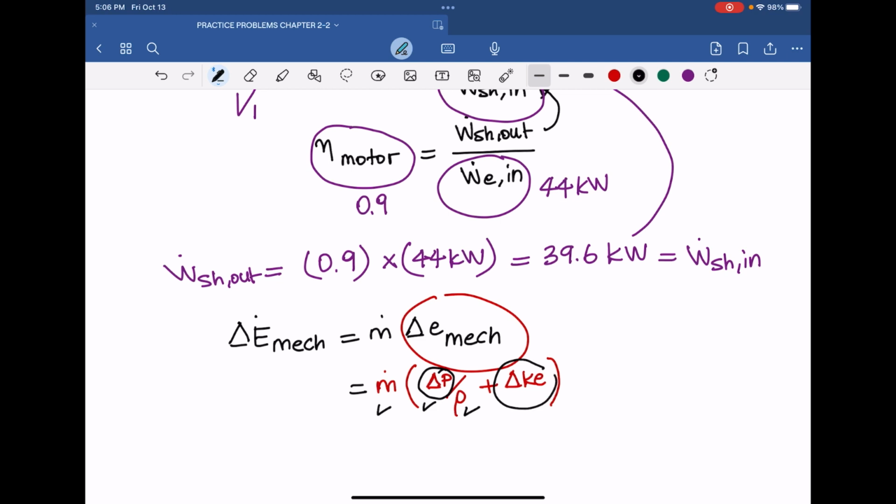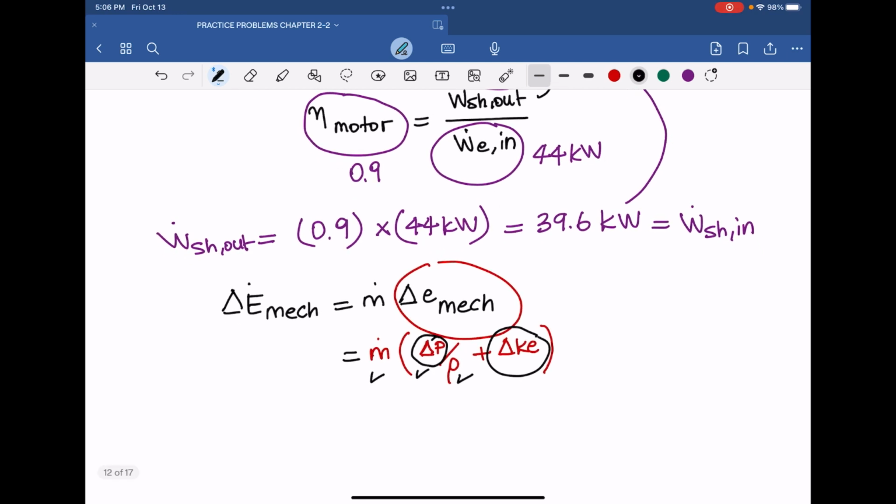So we need to figure out the kinetic energy change. Let's see how we can do that, because kinetic energy change is equal to 1/2 velocity 2 squared minus velocity 1 squared.